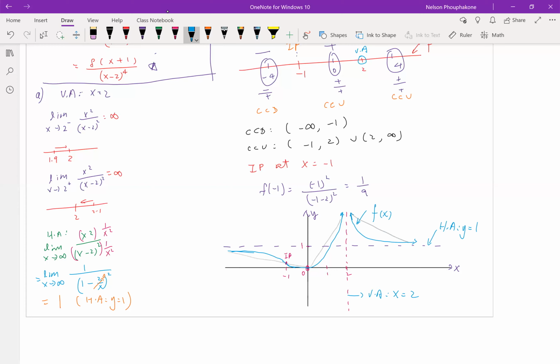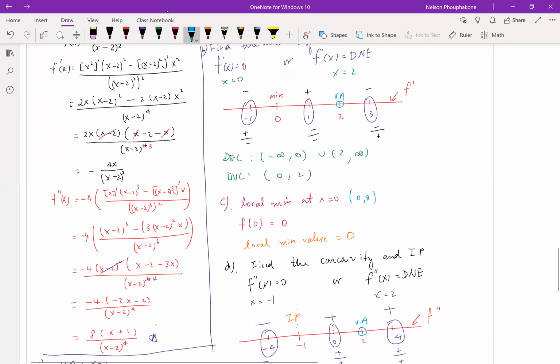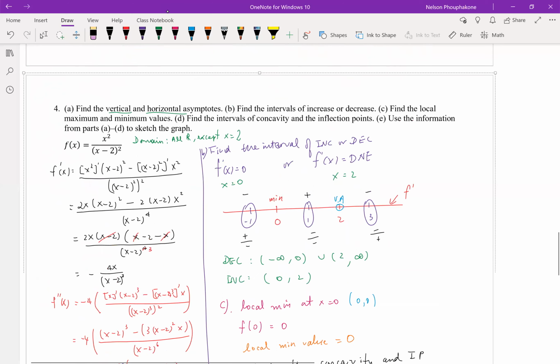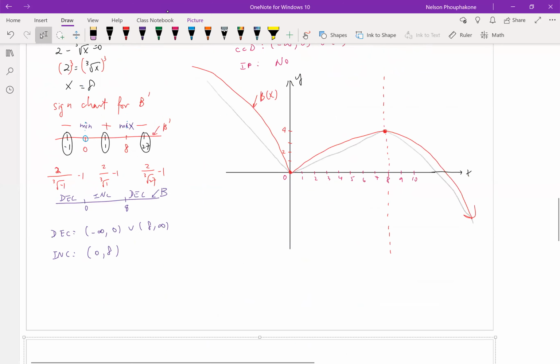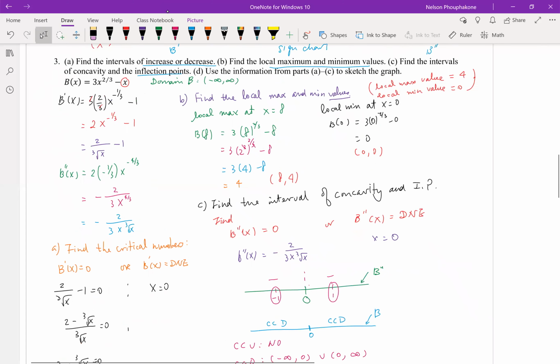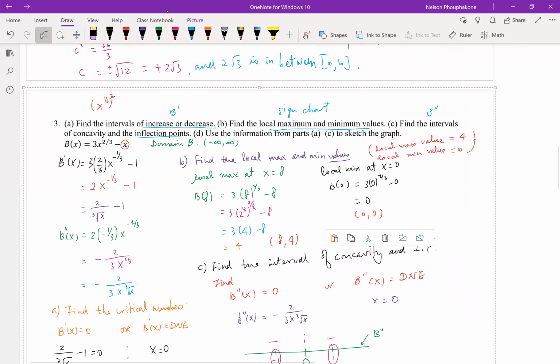So that is it for these sections. This section basically uses the technique that we learned from the first package, the first and second derivative tests, and also the techniques that we learned from chapter 3, on how to take the first and second derivatives of functions. Then we gather all the information together and graph the functions.